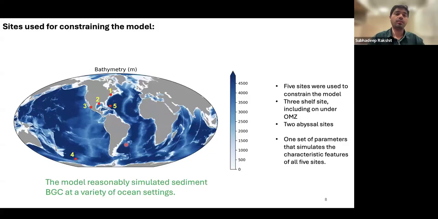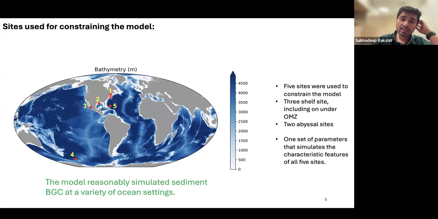So for the first effort, we chose 5 sites on the sea floor of different systems. We chose 5 sites throughout the globe, which represent different kinds of ocean settings.